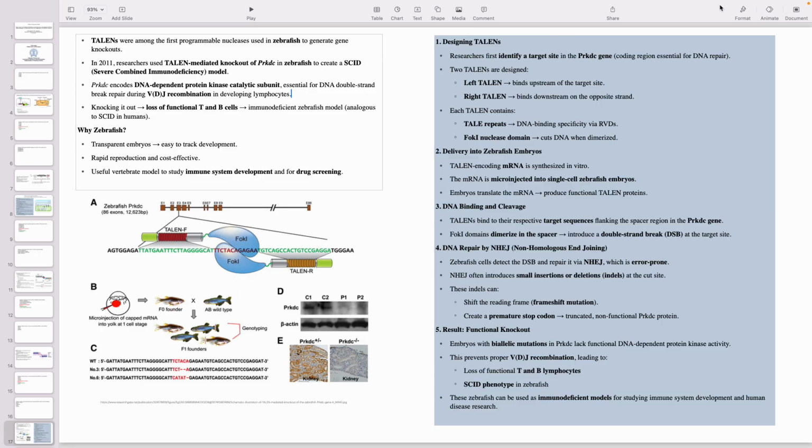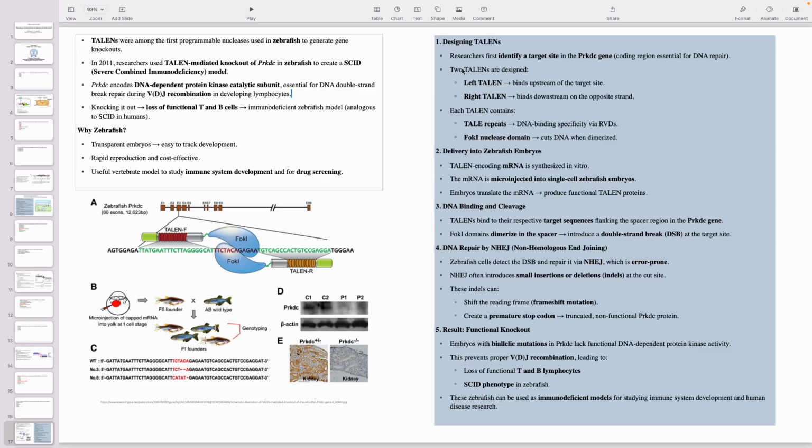The researchers first identified the target site in the PRKDC gene, in exon 3. Here is the PRKDC gene, and they determined exon 3 as the target site.